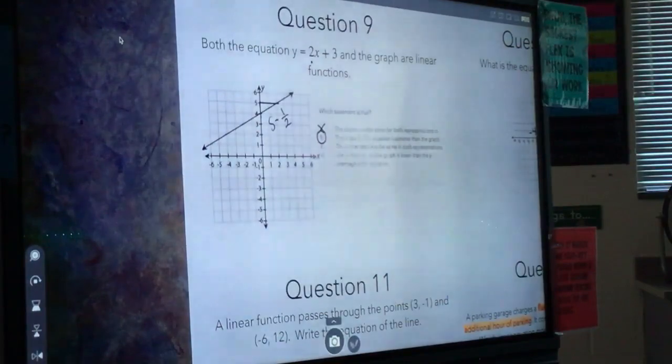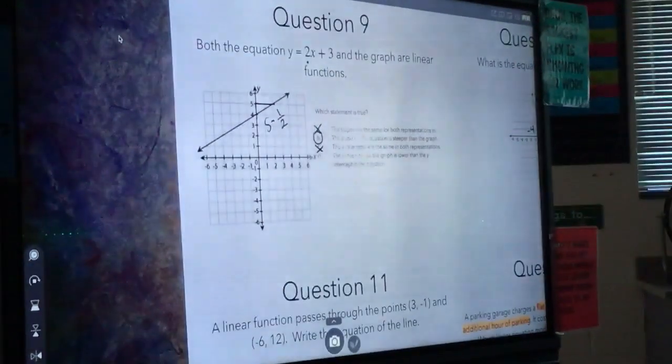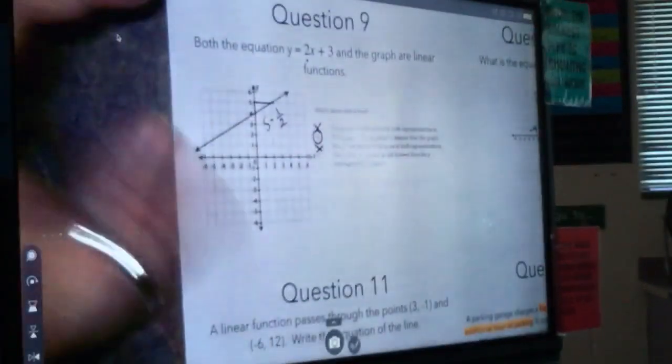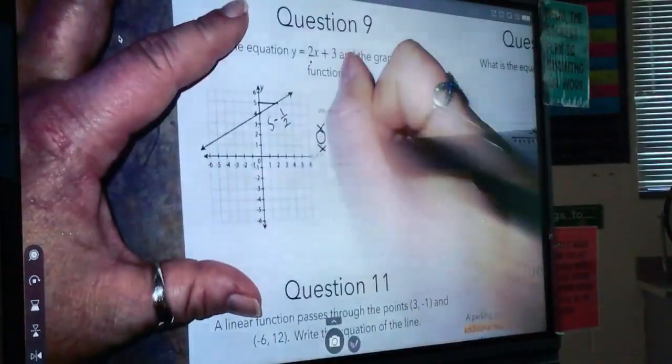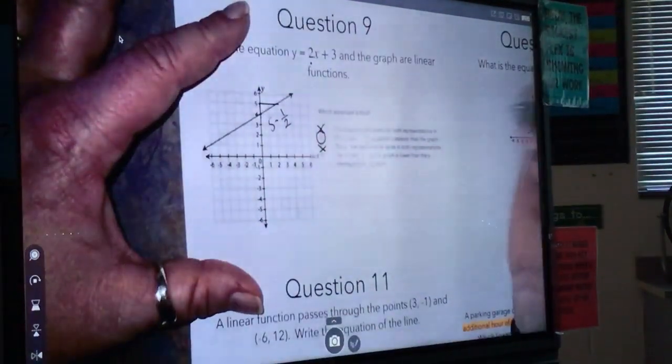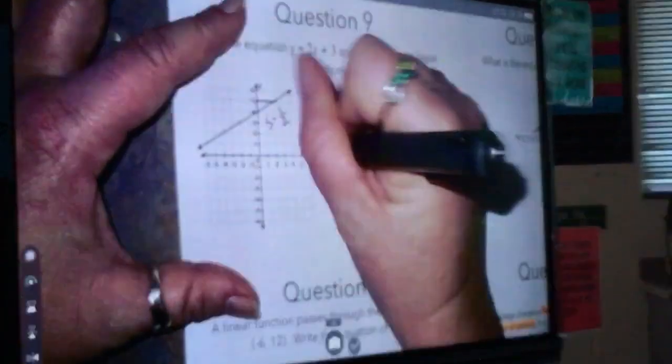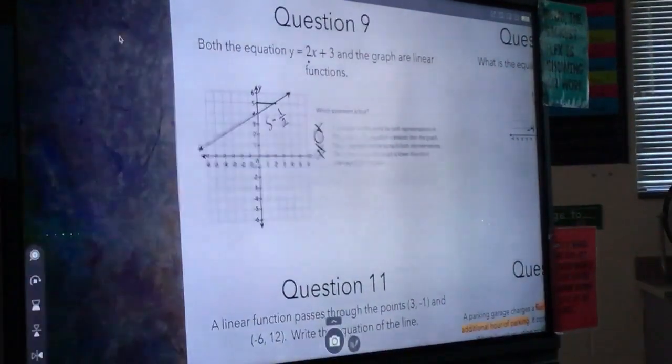The y-intercepts are the same in both representations. Is that true? No. The y-intercept on the graph is lower than the y-intercept in the equation. Is that true? No. Crickets.